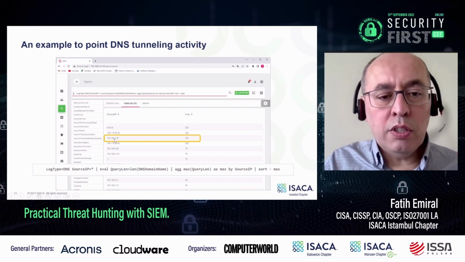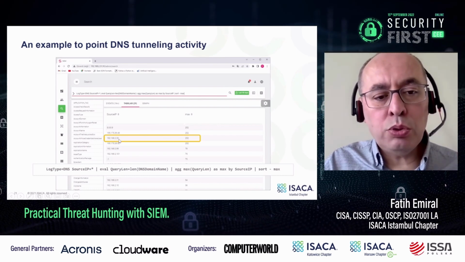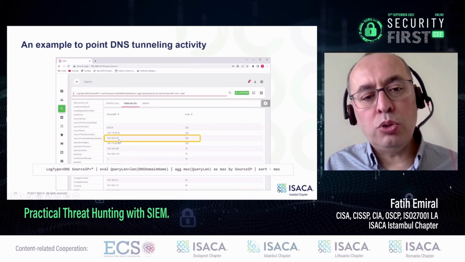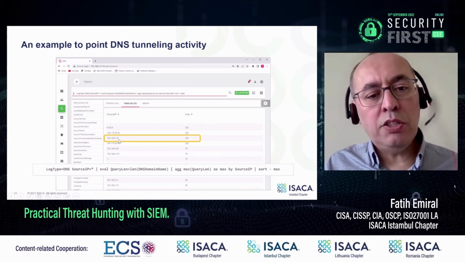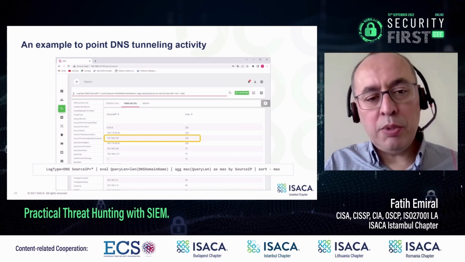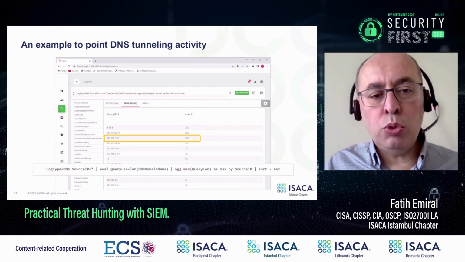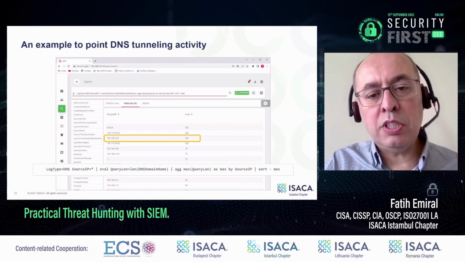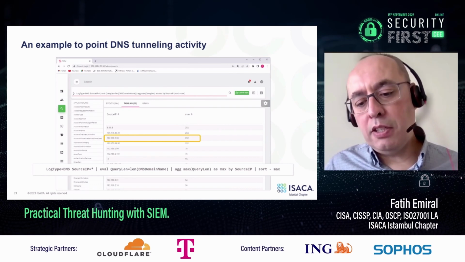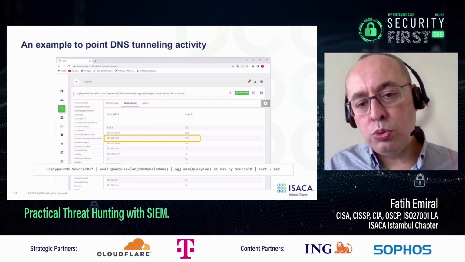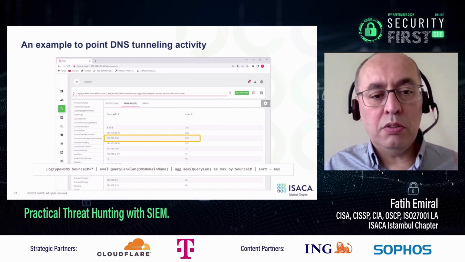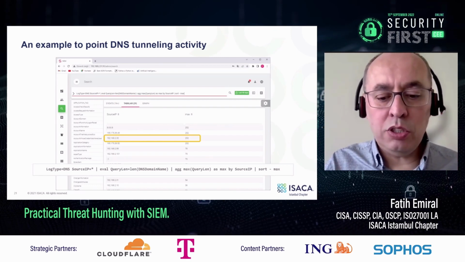So this IP.32 stands out as our internal IP address, and something is going on with it. We need to make some more queries about it, but it doesn't look good. Nobody writes down 252 characters for a domain name. It's not usual.